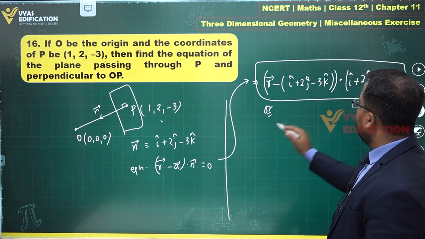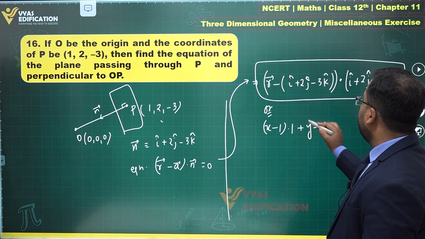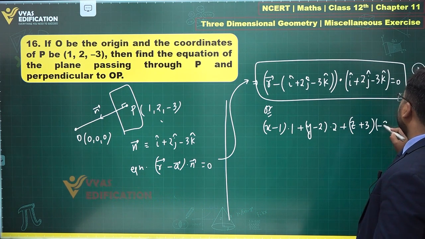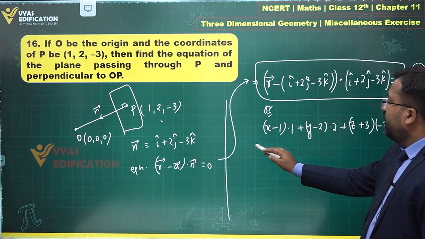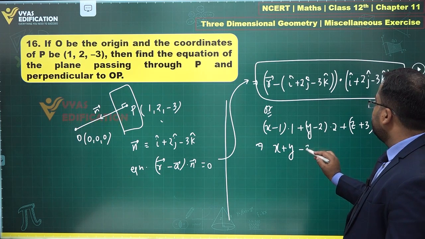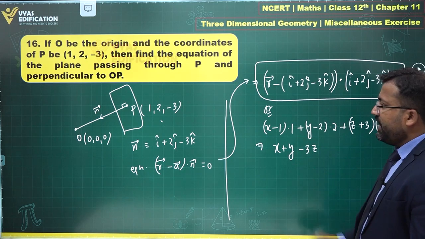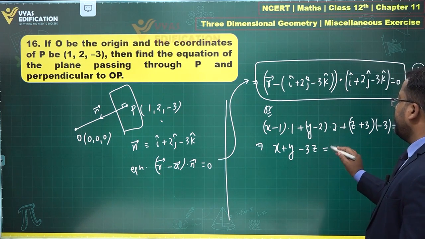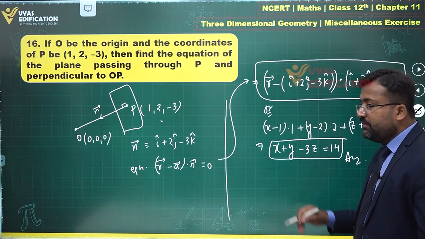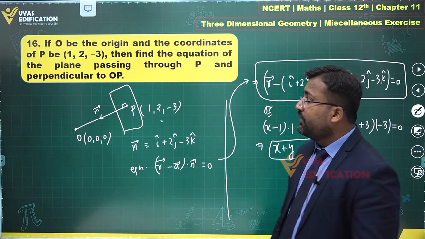This becomes x minus 1 into 1 plus y minus 2 into 2 plus z plus 3 into minus 3, which is equal to 0, which implies that x plus 2y minus 3z, and then there's a minus 9, minus 4, minus 1, which is minus 14, goes on the right hand side, becomes 14. This or this is my answer. This is a vector form, this is a Cartesian form of the equation of required plane over here.